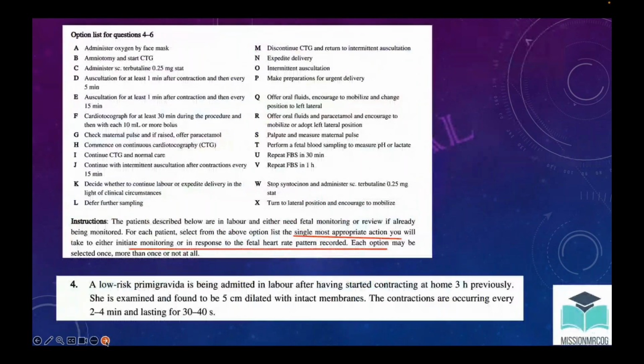Next, a low risk primigravida in labor started contracting 3 hours previously. She is examined and found to be 5 centimeters dilated with intact membranes. Contractions are occurring every 2 to 4 minutes and lasting 30 to 40 seconds.